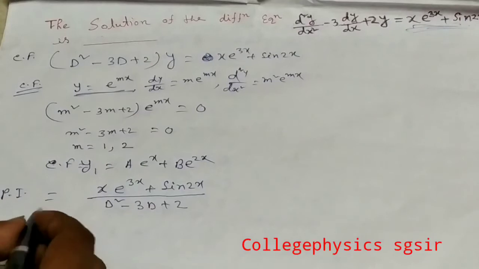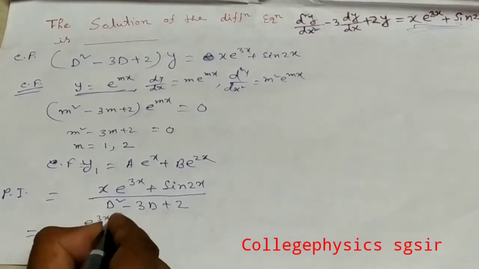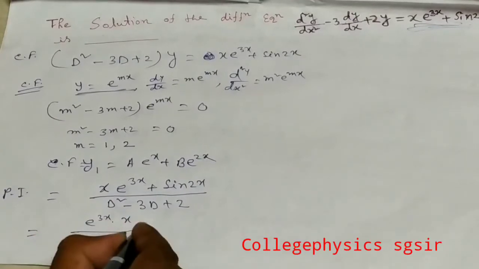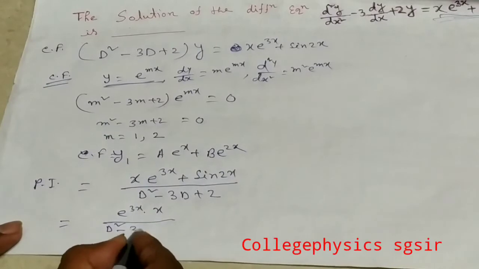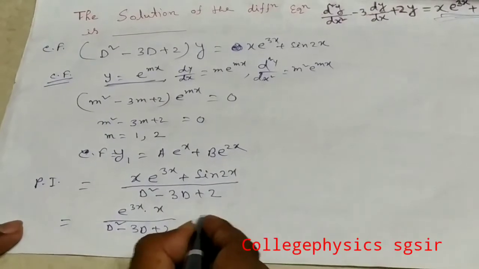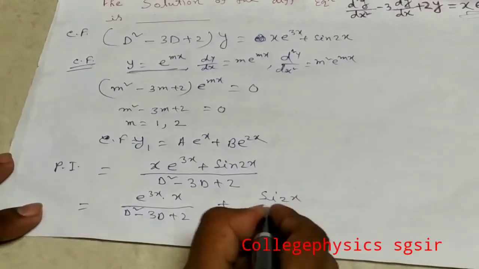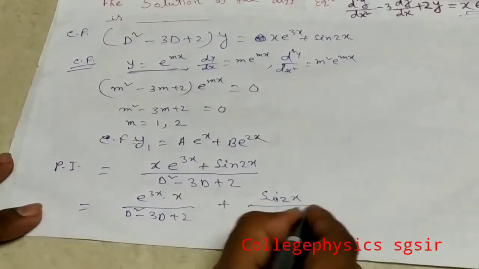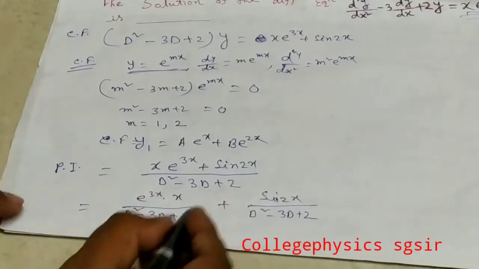Now we separate this portion: x e^(3x) divided by D² - 3D + 2, plus sin 2x divided by D² - 3D + 2.